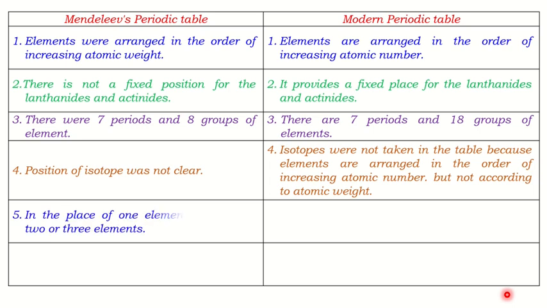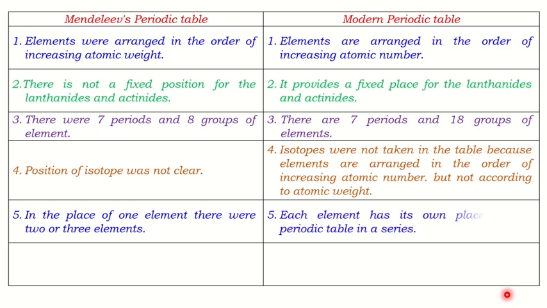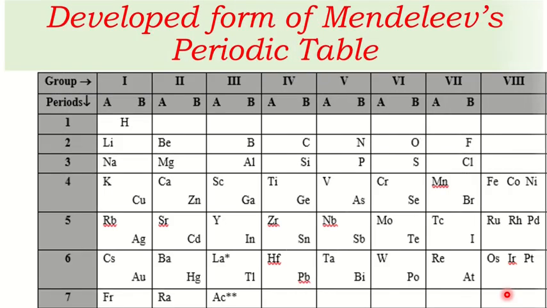Now let's have another point. In the old table, in the place of one element, there were two or three elements. In the modern table, each element has its own place in the periodic table in a series. Now let's have the periodic table again. This is the old periodic table. In certain places there are two elements in place of one element. Look at this, two elements are placed in place of one element.